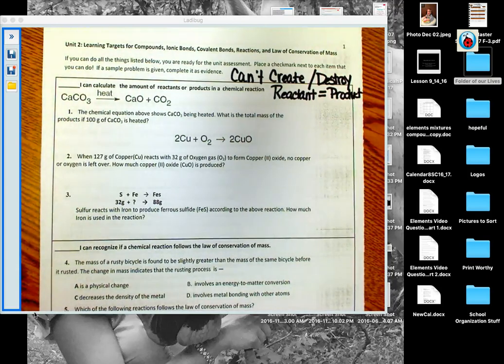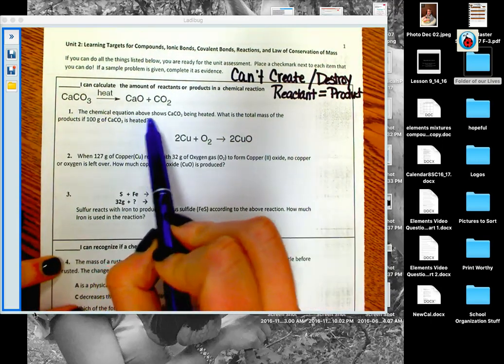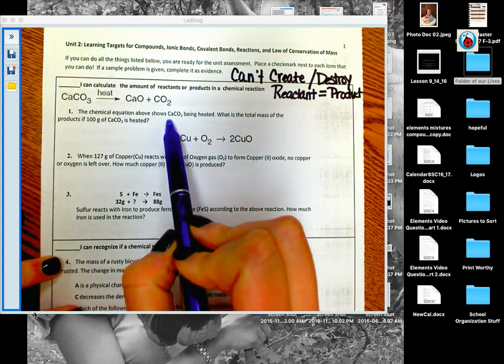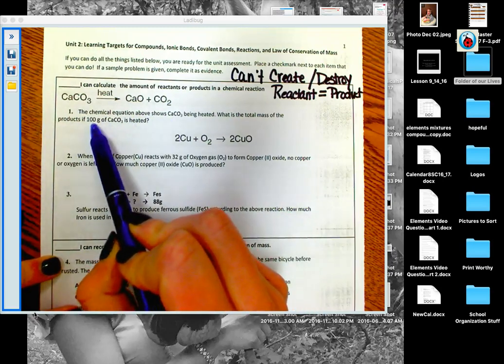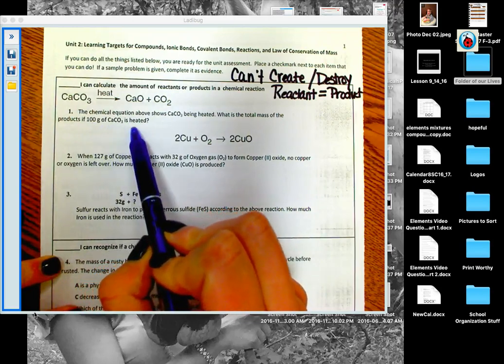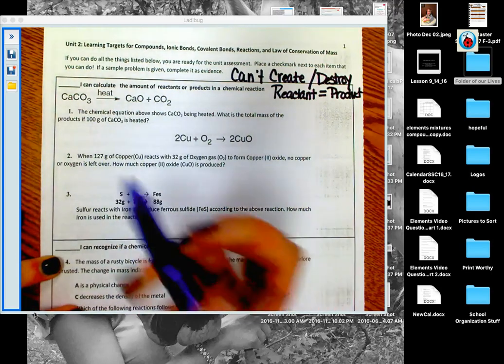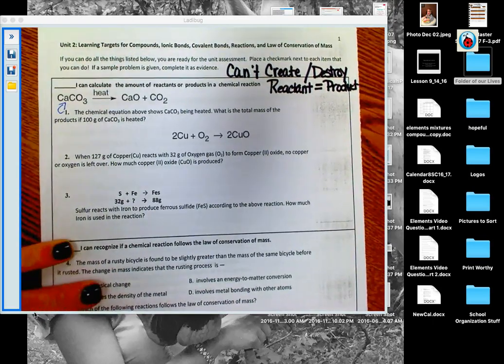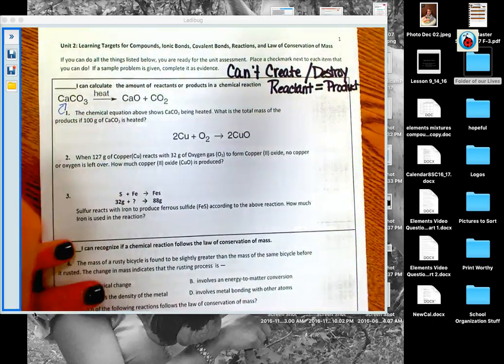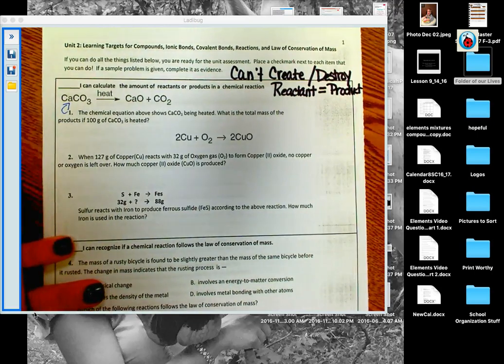So, question 1 says the chemical equation above shows CaCO3 being heated. What is the total mass of the products if 100 grams of CaCO3 is heated? Even though they're talking about this equation above you, it says this chemical equation above, because there were some questions about that, shows CaCO3 being heated.